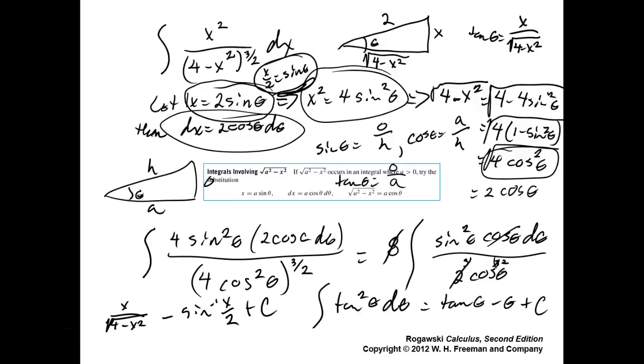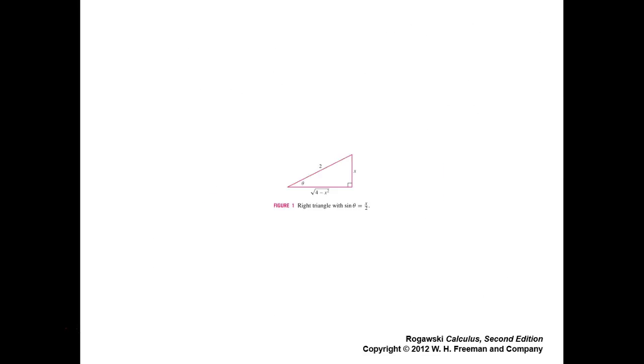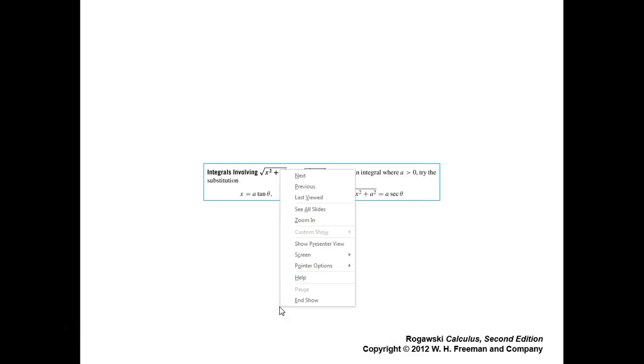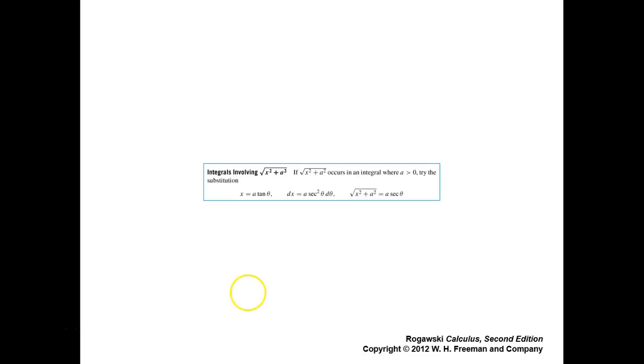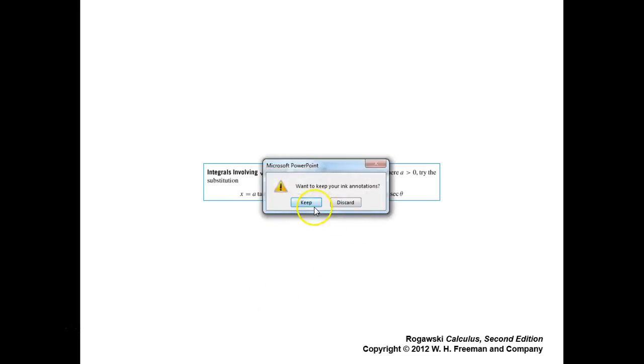All right. Now, remember the second type of expression that we used. That was, and here's that triangle. Here, I'll blow it up for you. Oh, I didn't want that. No. I don't want to do that. Yuck.